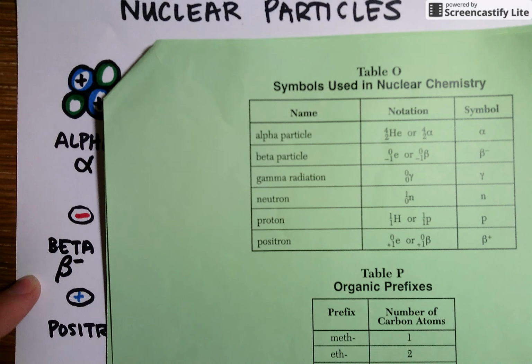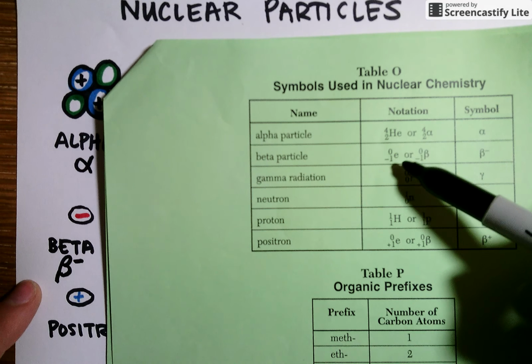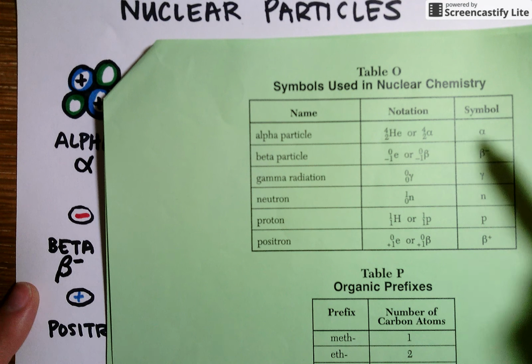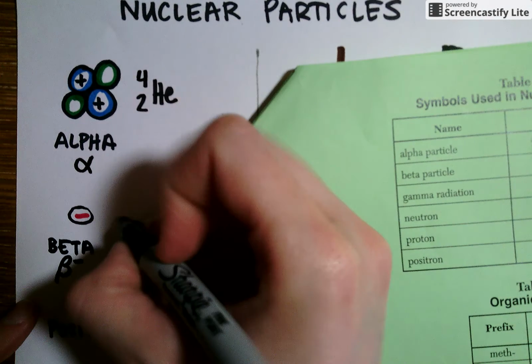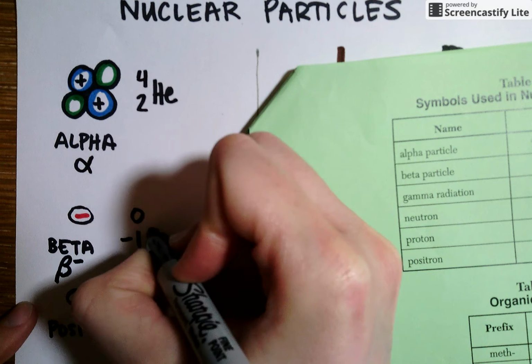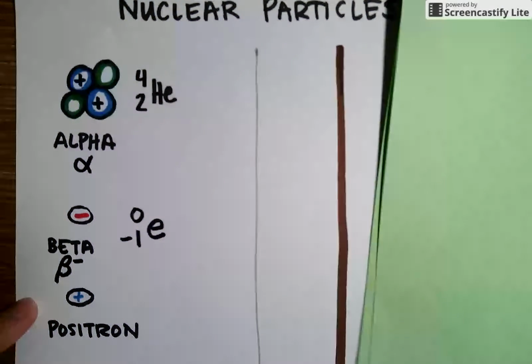But what we find is that the beta particle actually looks a whole lot like an electron, because check it out, it's got no mass and a charge of -1, just like an electron in a regular atom. It's a little weird because we're talking about nuclear stuff, but bear with me. Beta particles look a lot like electrons in that they have 0 mass and a charge of -1, and that's actually why we write the e there, oftentimes when you see a beta particle denoted.